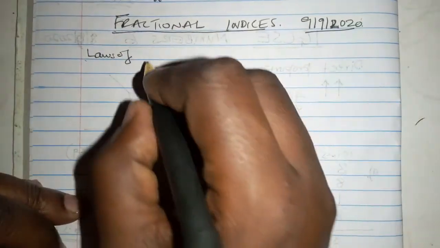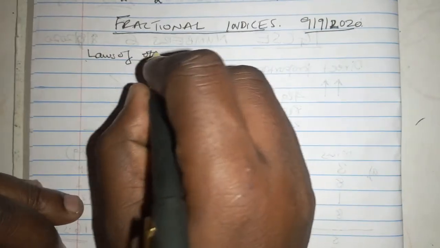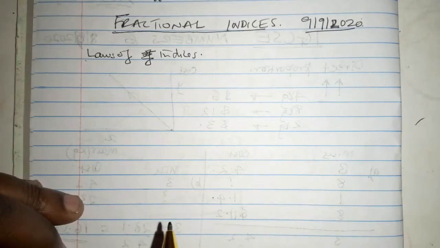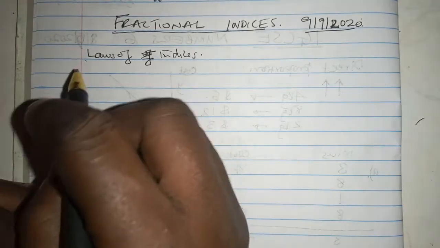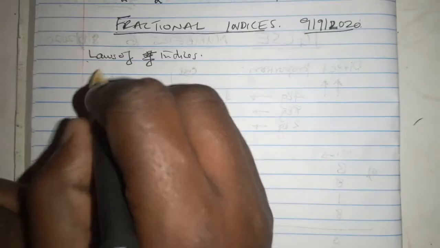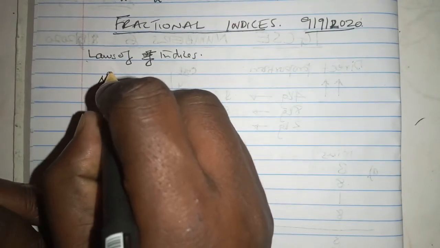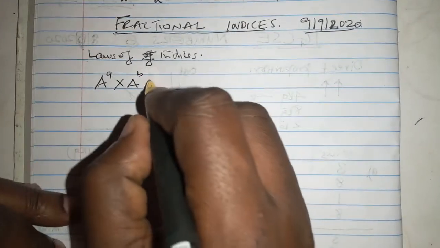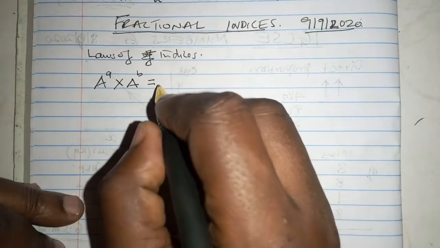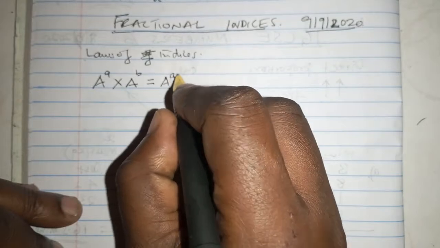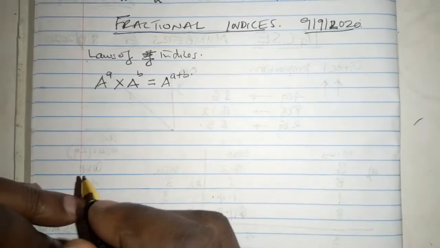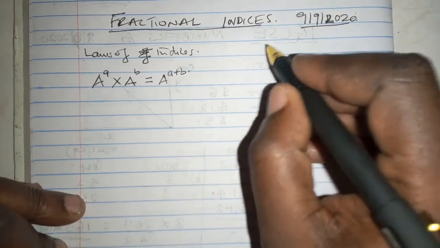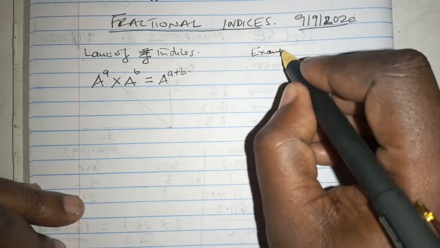The laws of indices. We may remember that if a is raised to power a multiplied by another a raised to power b, this is the same as saying a raised to power a plus b, and the indices are added together.